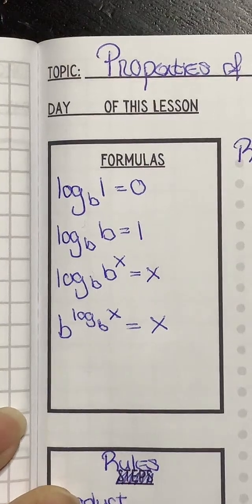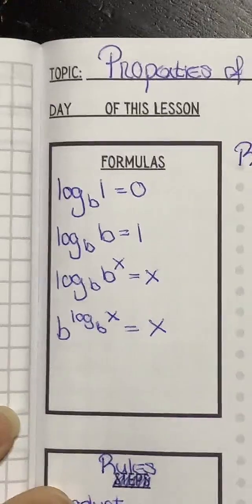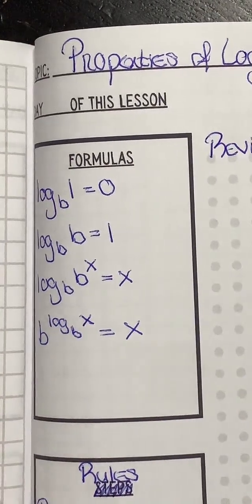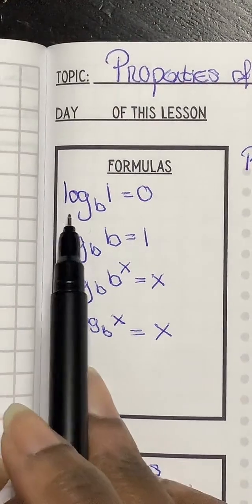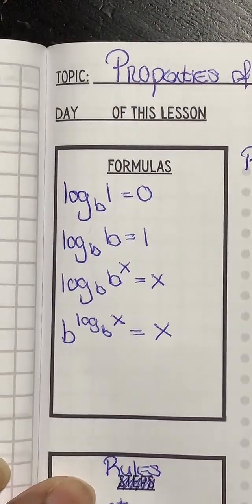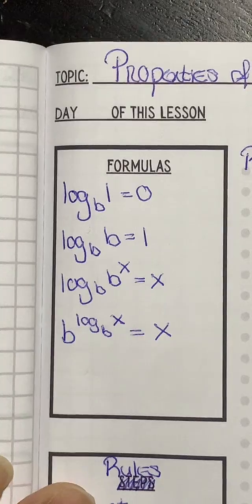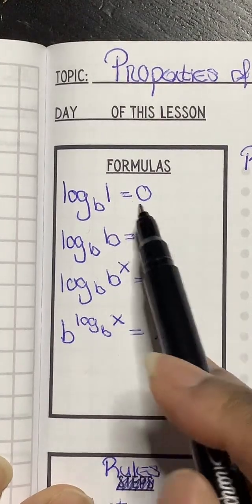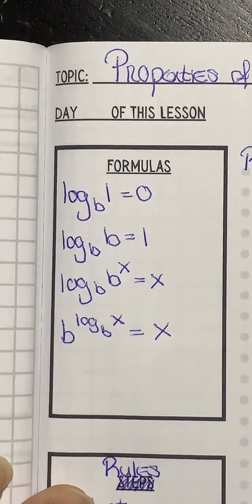So, hey, Nicole. So here we are. We have our logs, so we were talking about that yesterday. Remember, logs and exponents are basically inverses of each other. So we have a log with a base of b of 1, that's going to equal 0.